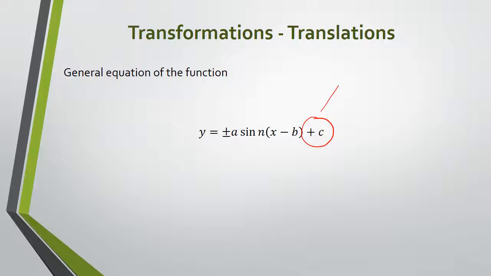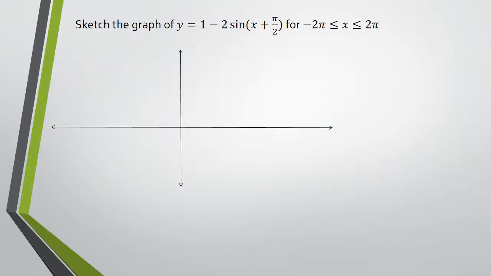This is the part where we get our vertical translations: our function will be translated by c units in the y direction. This is what we've looked at before. Alright, let's go on and look at an example.